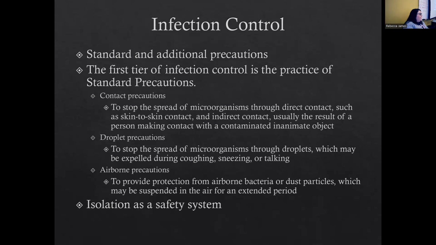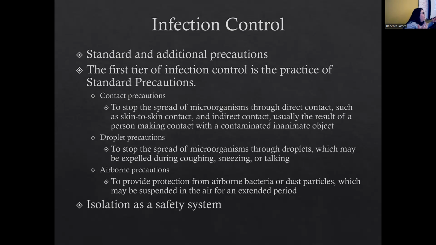If they say yes, then what they do is put that person on contact precautions. They'll put a little sign on your door that says contact precautions. They'll swab your nose to see if you have MRSA, and then they'll either grow it out, depending on what your lab does, or if you use PCR, they'll set up PCR.